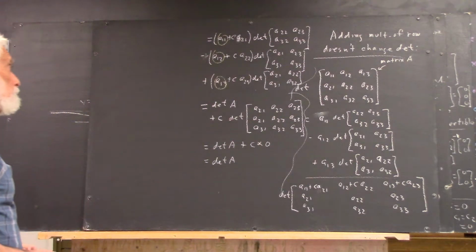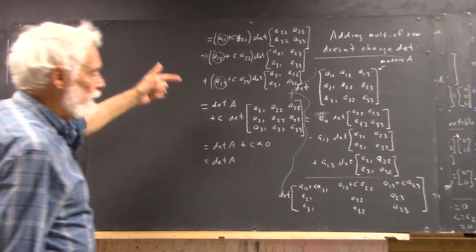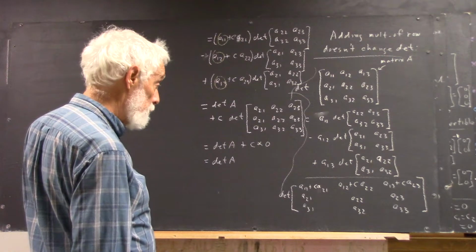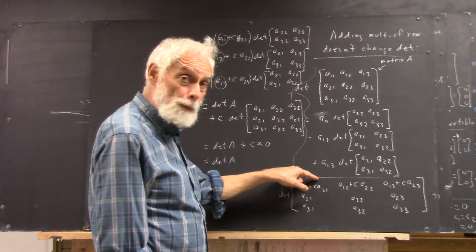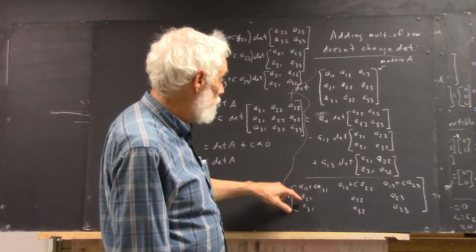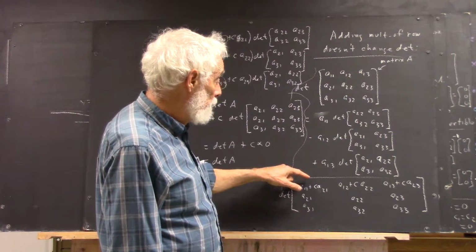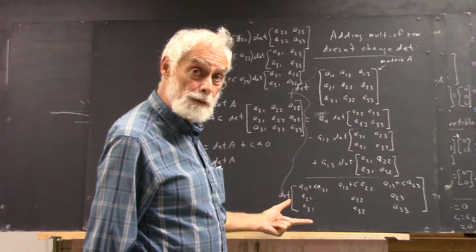And we can also prove the same result more directly by row reduction. If I subtract C times the second row of this matrix from the first, I'm going to get rid of all these, and I'm going to be back to my original matrix.